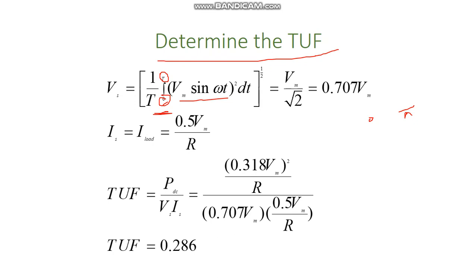So in this case the voltage VRMS comes out to be 0.707 Vm, and similarly the RMS value of the current on the secondary side of the transformer is equal to the load current.